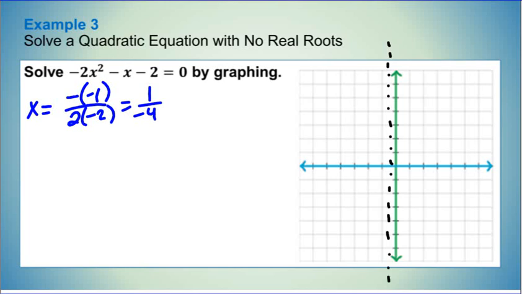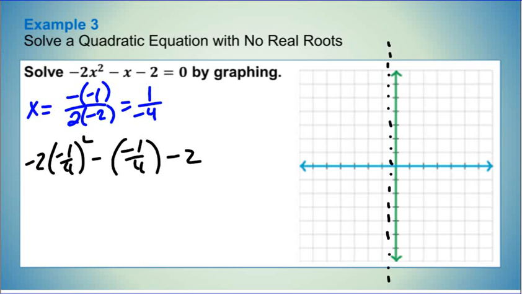If I put -1/4 in, so -2 times -1/4 squared minus -1/4 minus 2. -1/4 squared would be 1/16. -2 divided by 16 gives us -0.125 plus 0.25 minus 2.